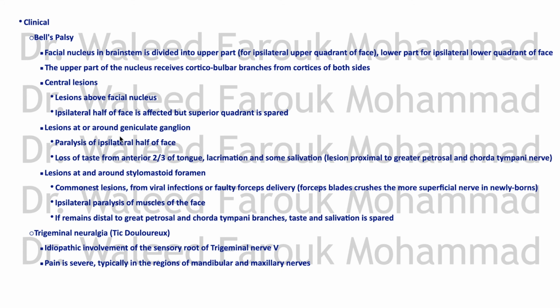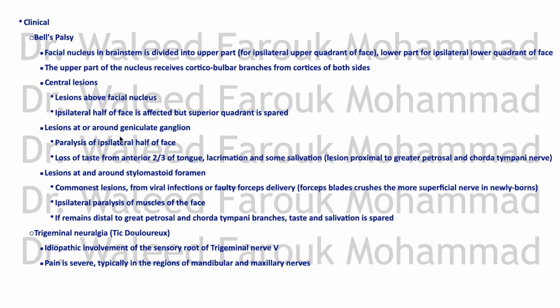parasympathetic. Now, at the stylomastoid foramen, the nerve would already have given its branches, so everything will be spared except for the motor function of the muscles supplied. So there will be ipsilateral hemiface paralysis. Okay, now in the patient with Bell's palsy, the face will be pulled to the healthy side, and the flat side is the paralyzed side.